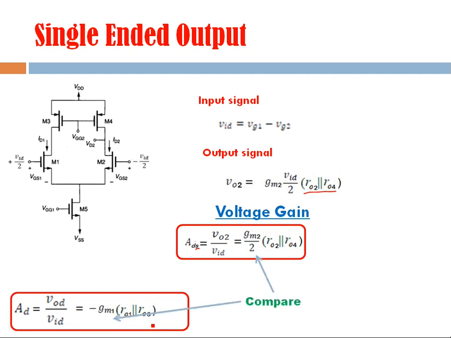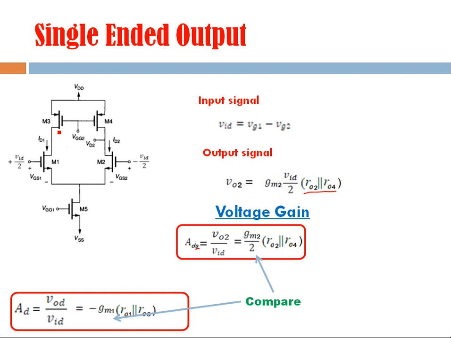And now compare them. What you see is that in case of single-ended output, the voltage gain is half of the voltage gain achieved in case of differential output, right? And the same was true when we were discussing a diode connected load, and it was exactly the same when we were considering resistive load.